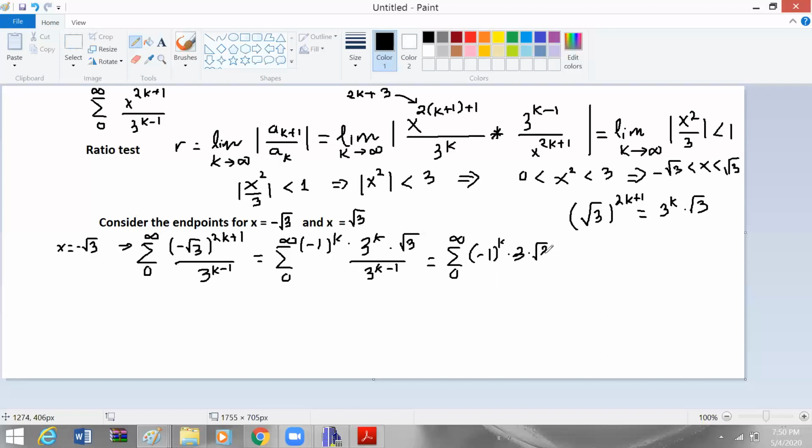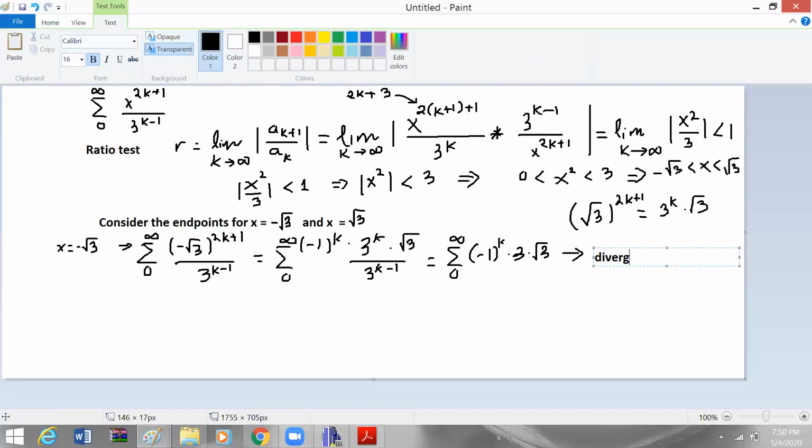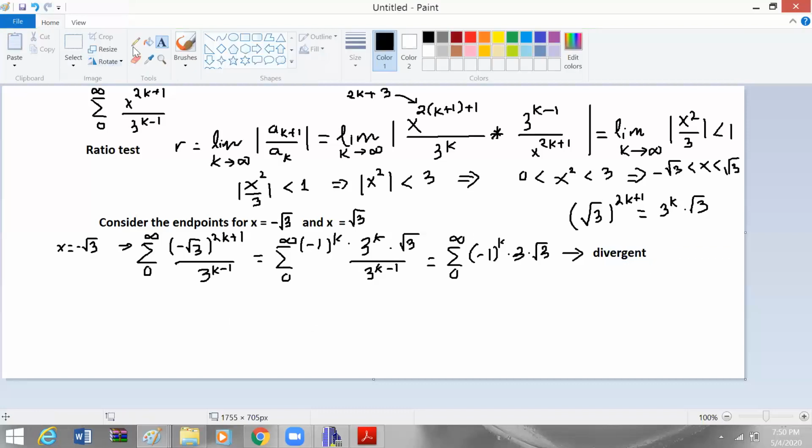When you have a term like that which doesn't go to zero, this has to be divergent by the divergence test. Divergent series.